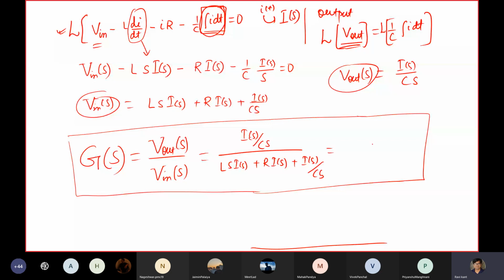So I can write finally 1 upon LC s square plus RC s plus 1. This is your coefficient LC, this is the second order coefficient, RC is the first order coefficient, plus 1. Yep, this is your transfer function.